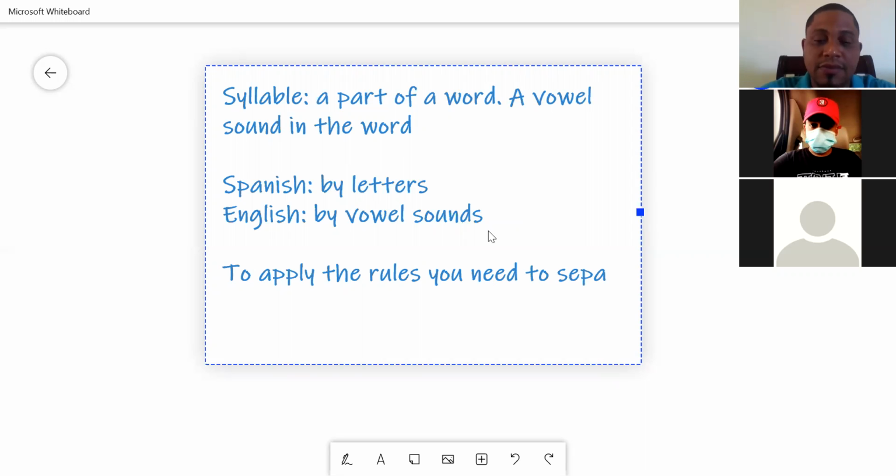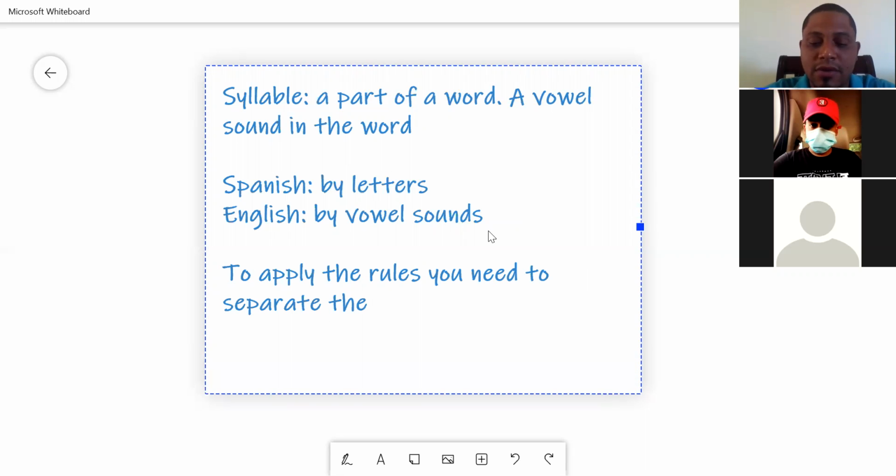Separate the word into syllables, right? This means that if you have one word, what you're gonna do is check if the word has one or more syllables. You separate the syllables and then you apply the rule to the syllable by itself.